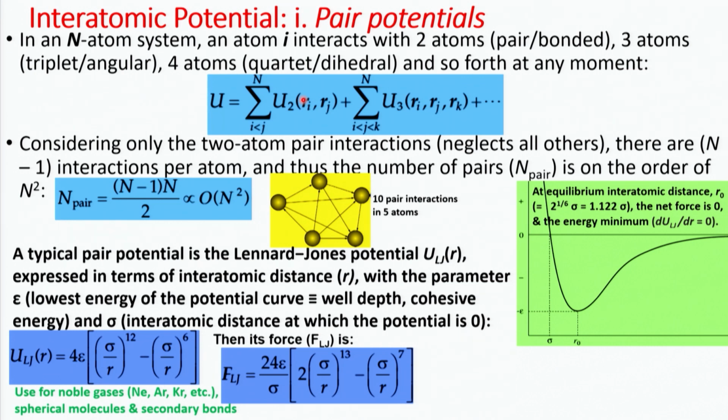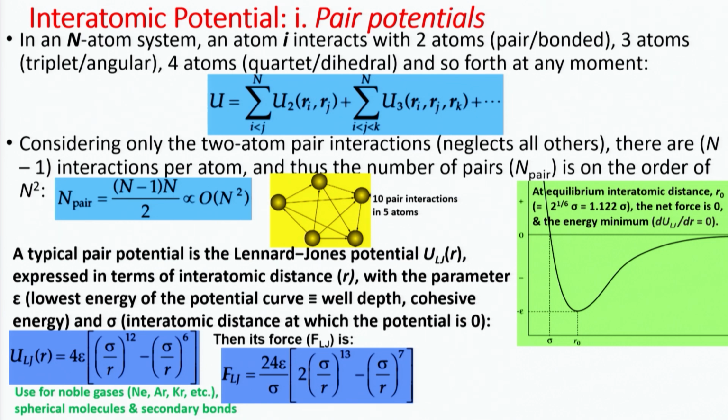If there is no bonding interaction, like in the case of, let's say, noble gas, or very hard spherical molecules, we can use the Lennard-Jones type of potential, which is expressed in terms of the interatomic distance. The potential looks something like this, where energy is on the y-axis and the separation distance on the x-axis.